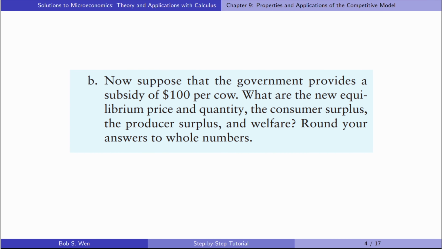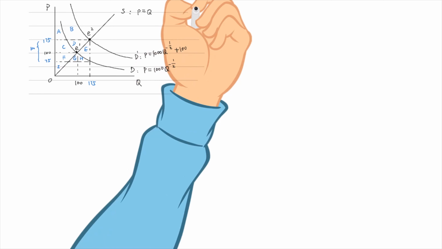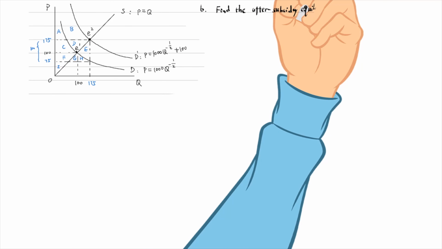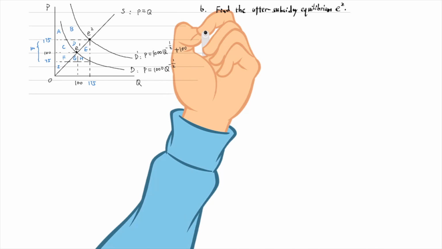In part B, now suppose that the government provides a subsidy of $100 per cow. What are the new equilibrium price and quantity? The consumer surplus, the producer surplus, and welfare. We first find the after subsidy equilibrium, E2. We already know from previous exercises that the results are identical regardless of whether the subsidy is given to consumers or producers.